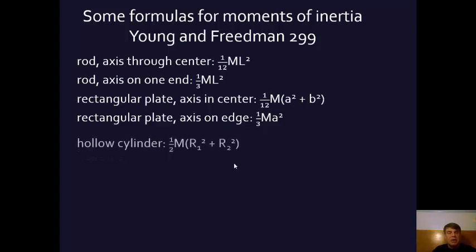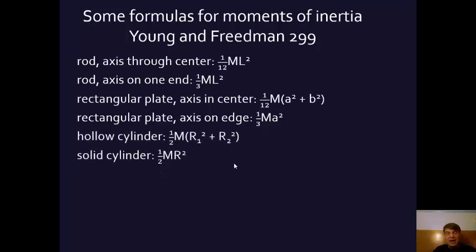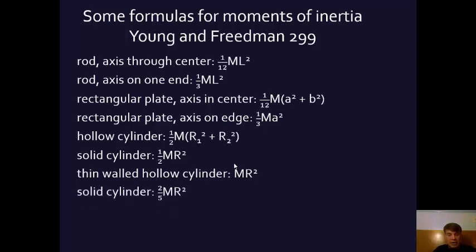Hollow cylinder, a solid cylinder, a hollow cylinder without much of a wall, a solid cylinder, solid sphere. I'm sorry, this one's a solid sphere. And then the last one is a thinly walled hollow sphere. So that second to last one should not be solid cylinder, it should be a solid sphere.